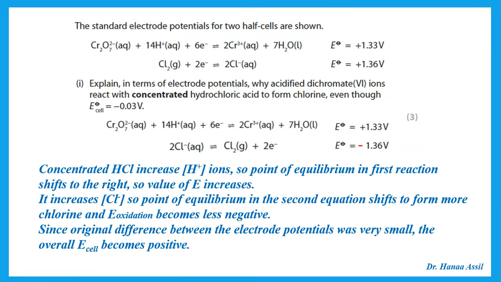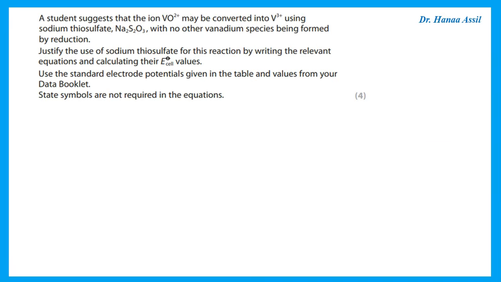So the overall E cell would be higher or become more positive, and that means the reaction would occur. This happens if the E cell is minus 0.0 something, so it needs just a little bit to become positive. Then shifting the equations to the right increases the E cell overall and makes it more positive.